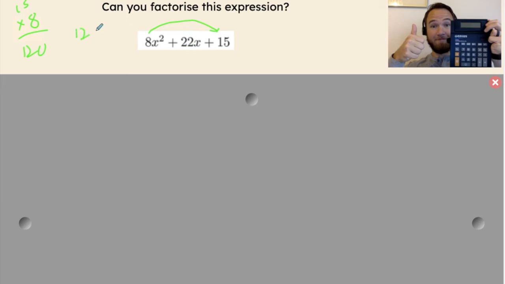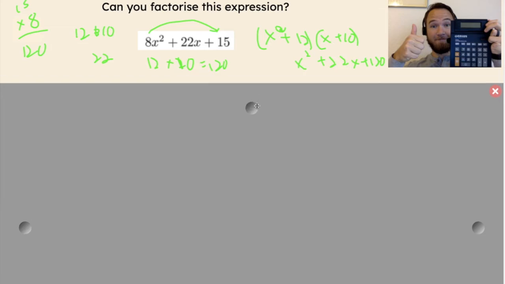Well, 12 and 10 gives us 22, and 12 times 10 is 120. So could we use x plus 12 and x plus 10? Well, no, because when we multiply this back out, we're going to get x squared plus 22x plus 120. So this doesn't work here. All right, so we're going to have to use a different method.